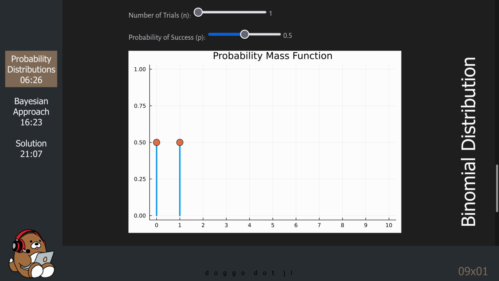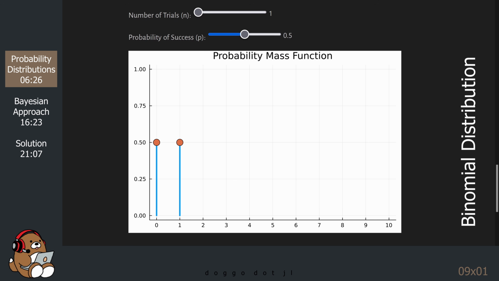For this distribution, each trial is assumed to be independent of each other, and the probability of success for each trial is identically distributed. Discrete probability distributions are visualized using a probability mass function, as opposed to a probability density function. If there's only one trial, then this special case is known as a Bernoulli trial.